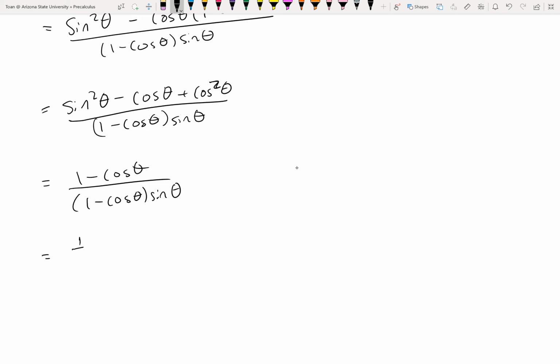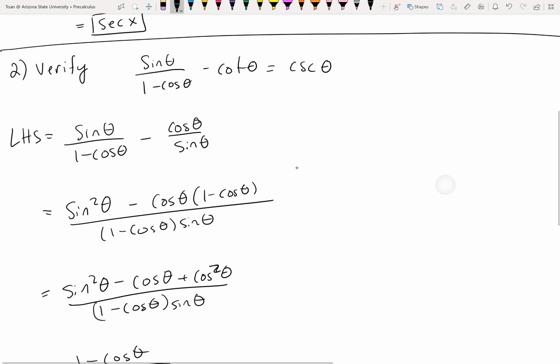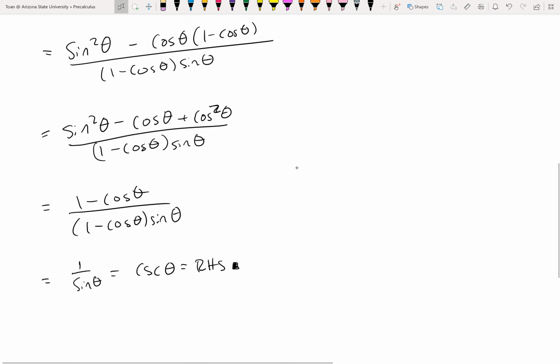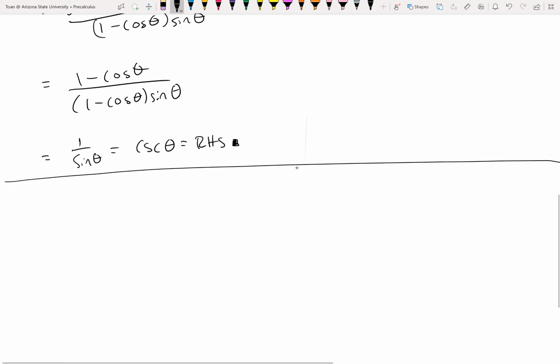So we're left with 1 over sine of theta, which is cosecant of theta, which is the right-hand side, as we want. So that is the chain of logic that takes the left-hand side, sine over 1 minus cosine minus cotangent, to the right-hand side, cosecant.